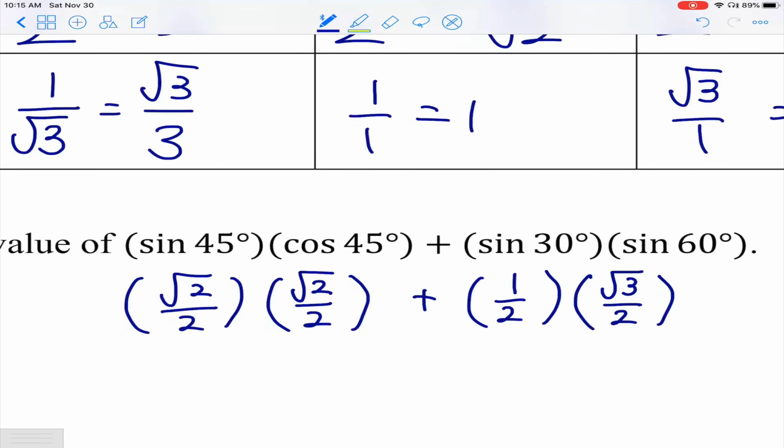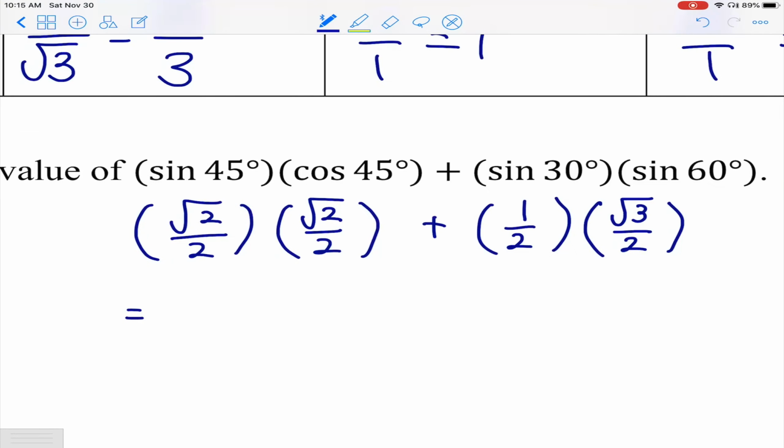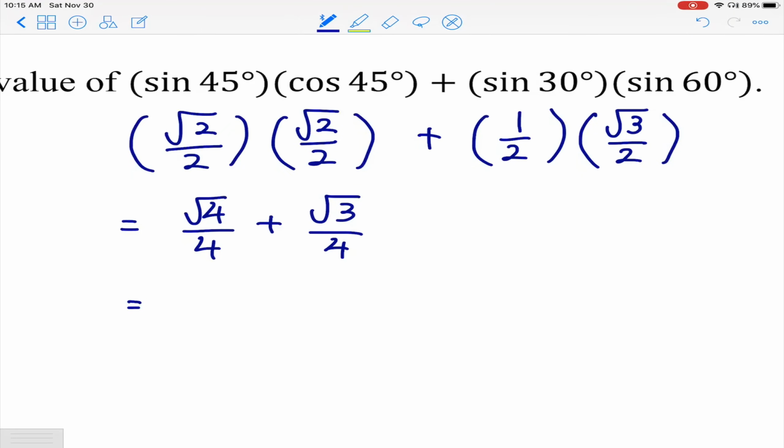If not having the square root confuses you a bit, then just put the square root. That's fine. It's not going to hurt you, okay? But we do know that square root of 1 is just 1, and that's why we don't write it. So when you calculate, this becomes very simple and easy. The top by top, so it will be square root of 4 over 4, plus the square root of 3 over 4. And there are two ways of representing this final answer. One is a simplified version, which will be square root of 4 plus square root of 3 over 4.